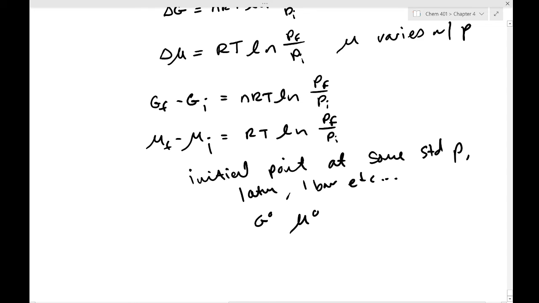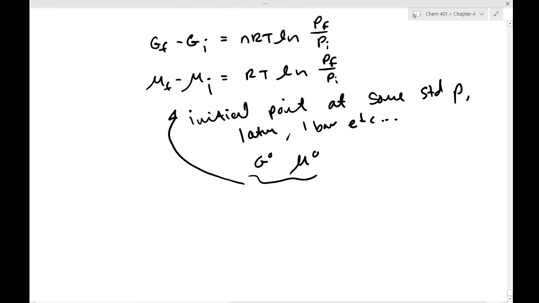Okay. Now, if I plug these back in up here, then solve for G_f and mu_f, and get rid of the f and just say that this is at any pressure, we can rewrite this as G equals G naught plus nRT ln of P over P naught.